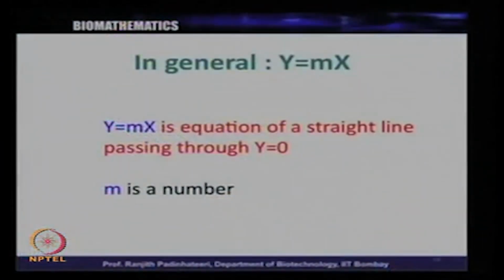In general, we could say that y equal to mx is the equation of a straight line passing through the origin, where m is any number: 1x, 2x, 3x, 4x, it could even be minus 5x. m could be a negative number, and we will see later how the graph changes when m is negative.